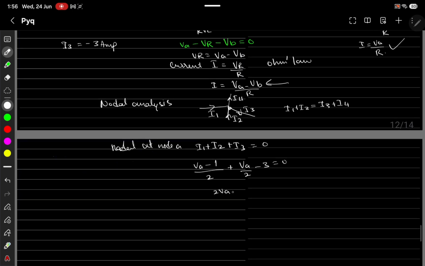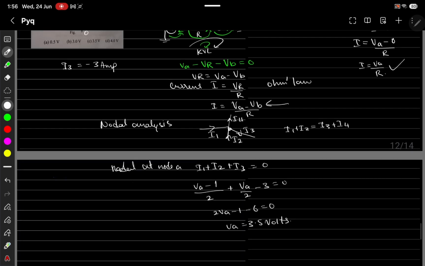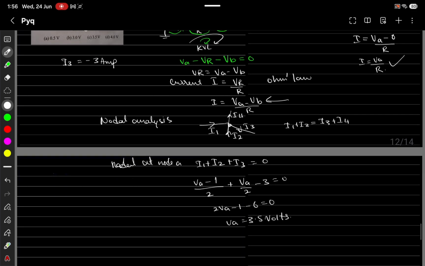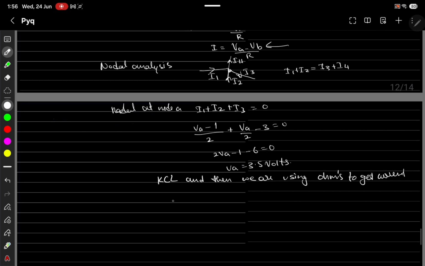If we solve this, 2VA minus 1 minus 6 is equal to 0, VA is equal to 3.5 volts. Okay, so nodal analysis is basically applying KCL at a node, and then using Ohm's law to get the values of current. So nodal is equal to KCL plus Ohm's law.